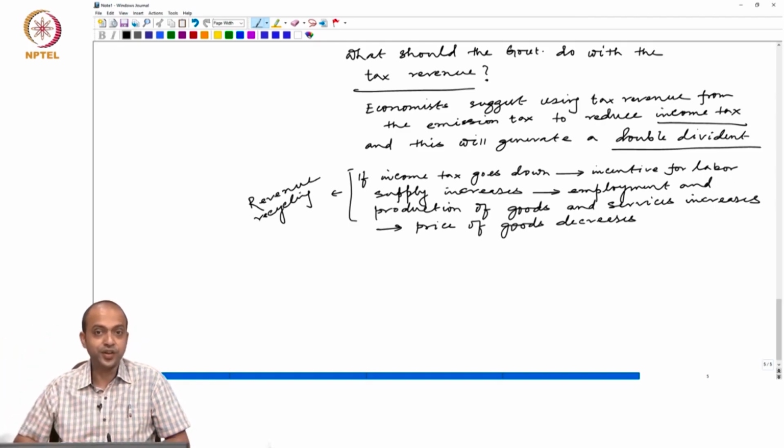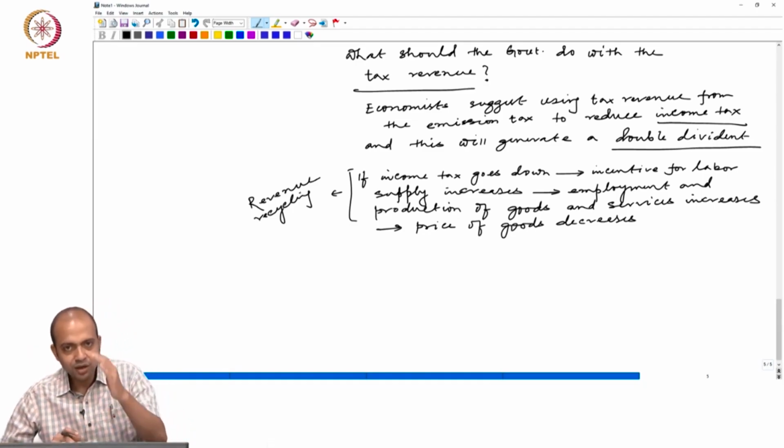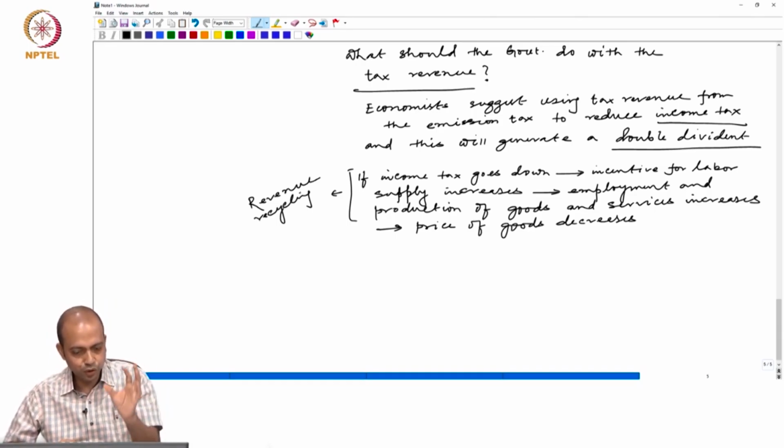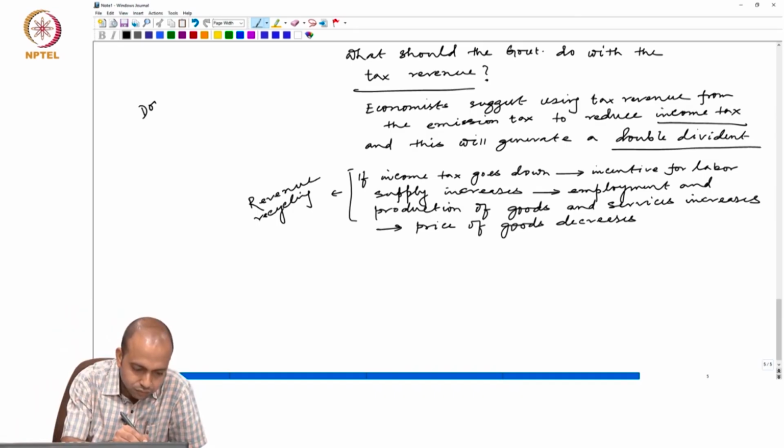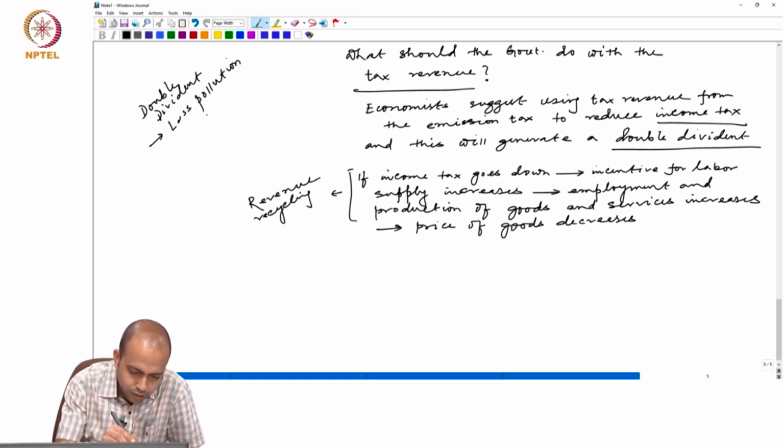That is why it is called double dividend. Why is it called double dividend? By imposing emission tax, firms are reducing their pollution, pollution is coming down, and there is more production of goods and services. Okay? So, double dividend implies less pollution and more production.